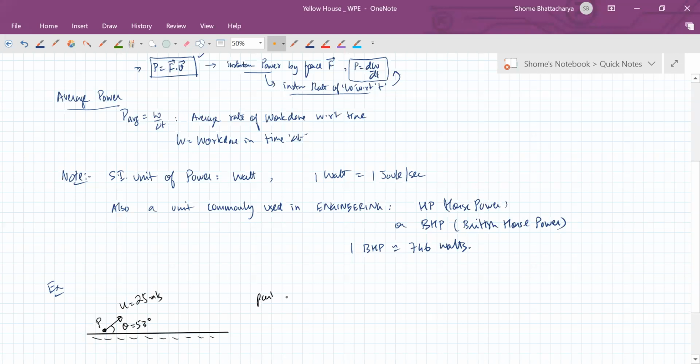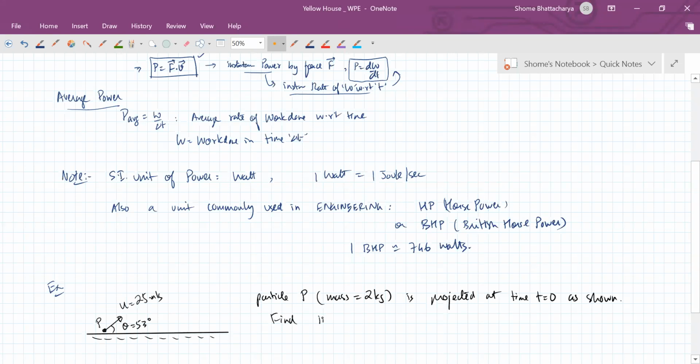So particle P, its mass is, let's say, 2 kilograms, is projected at time t equal to 0 as shown.